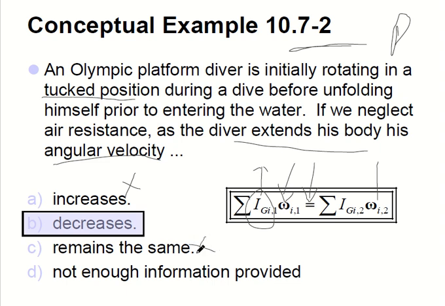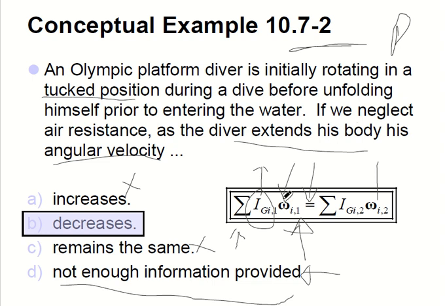They cannot be the same, because your mass moment of inertia increases, and the angular velocity cannot increase with it. Also it cannot stay the same, because that would definitely violate the conservation of angular momentum principle right here. Not enough information is provided? That's not true, because you do have enough information.